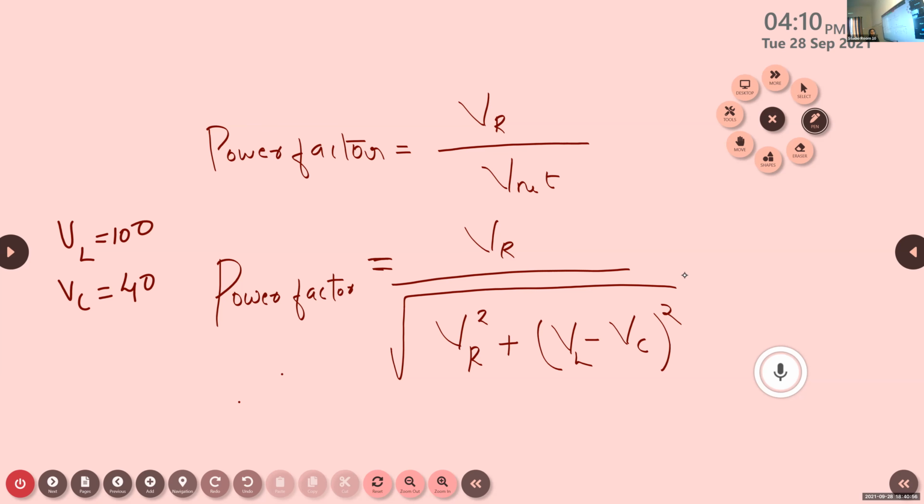So power factor is equal to VR divided by root of VR square plus VL minus VC the whole square. Because here they are providing the potential difference through these components, resistance, capacitor and inductor, we can write power factor is equal to VR, voltage through resistor, divided by voltage through the entire components, root of VR square plus VL minus VC the whole square.